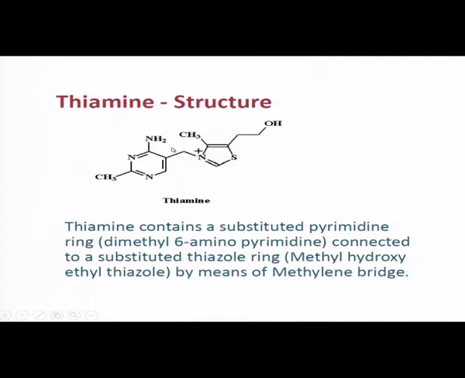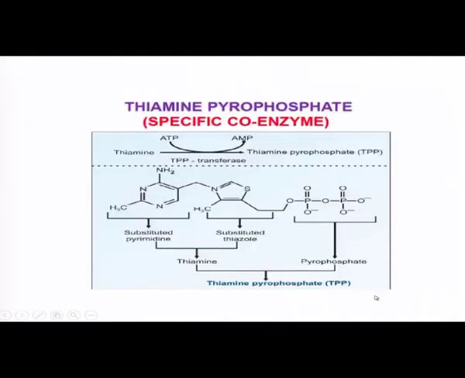One of the methyl groups in the dimethyl aminopyrimidine provides the linking with the thiazole. So, basically you have two heterocyclic nuclei, the first being a pyrimidine nucleus and the second being a thiazole nucleus. These two independent nuclei are linked by a methylene bridge linkage.